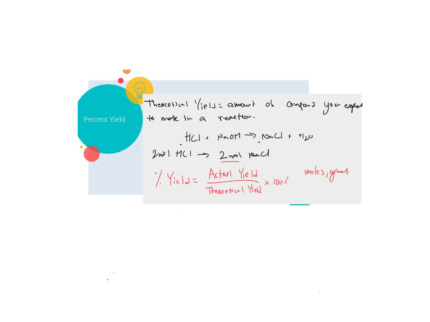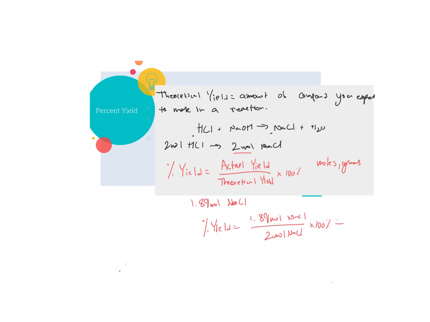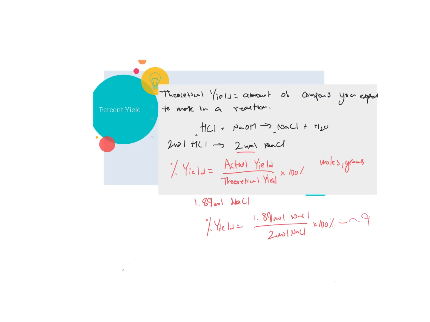Let's say I actually only get 1.89 moles of NaCl. If I want to calculate my percent yield, I would take 1.89 moles NaCl. I expect 2 moles NaCl, and I would multiply that by 100%. And what I get is about 95% yield. We'll have a little bit more practice with this as well as limiting reagents in class, but otherwise, thanks guys.